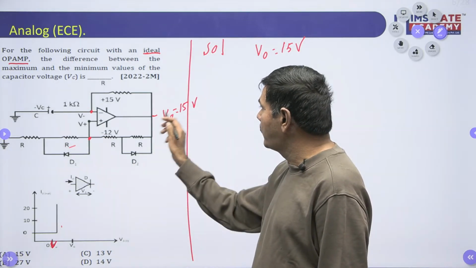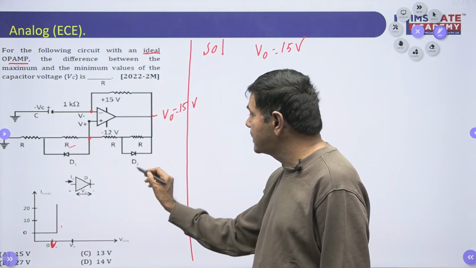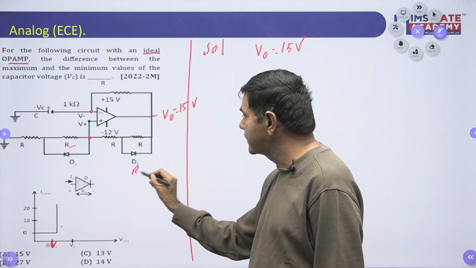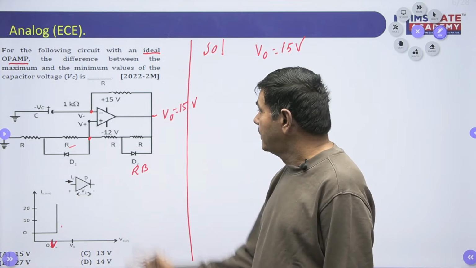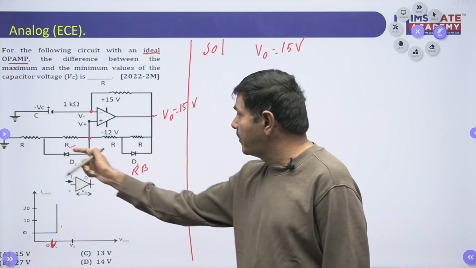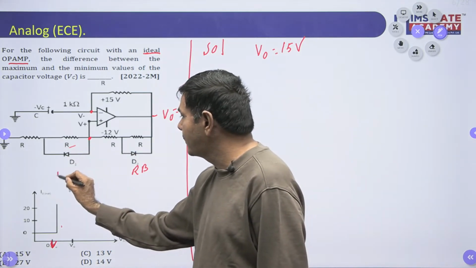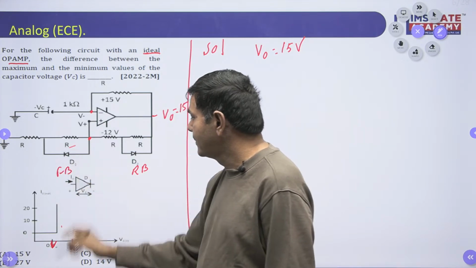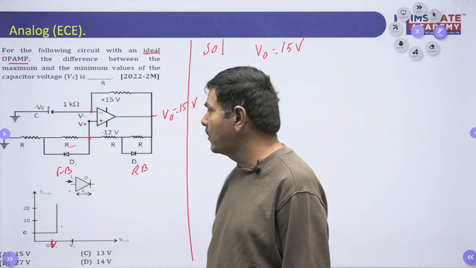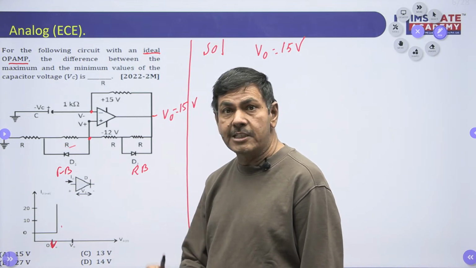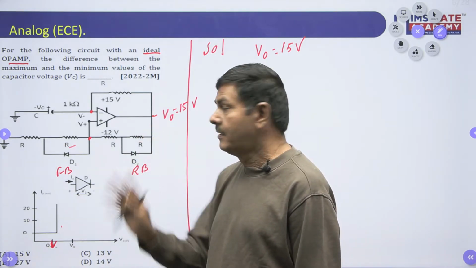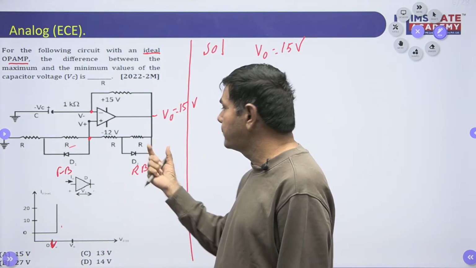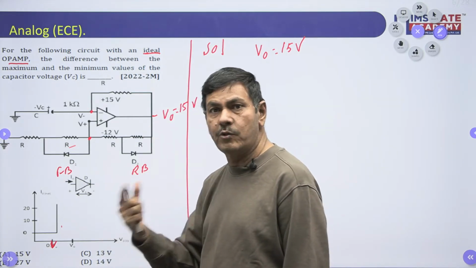This diode is opposite to this potential, so it is reverse biased. Then this diode is forward biased. This is 0 voltage, meaning 0 current. If a diode is forward biased, it is replaced by a short circuit. If a diode is reverse biased, it is open circuited. We know this very well.